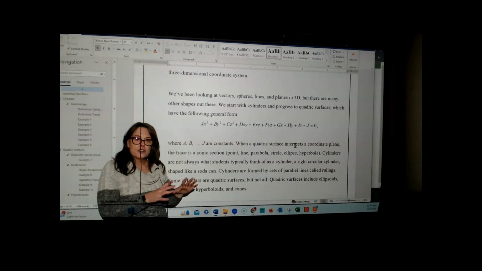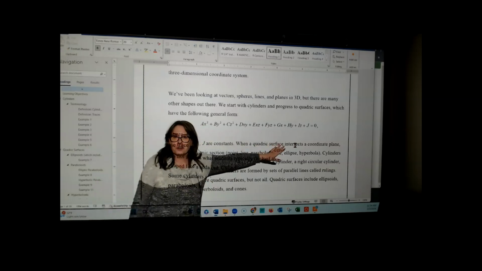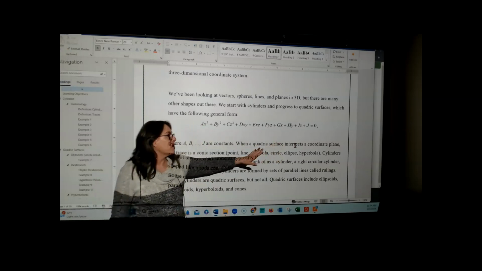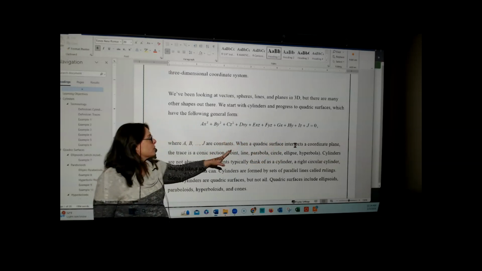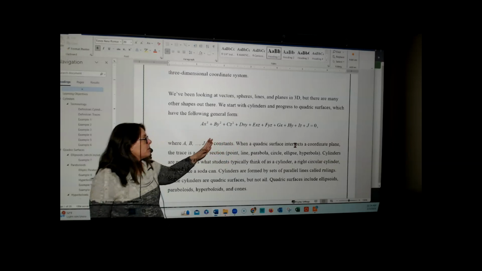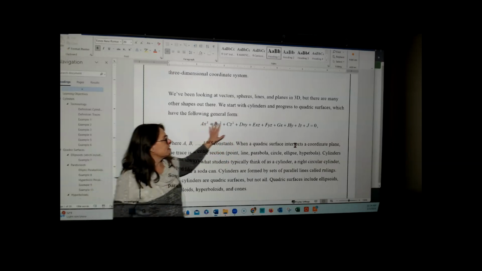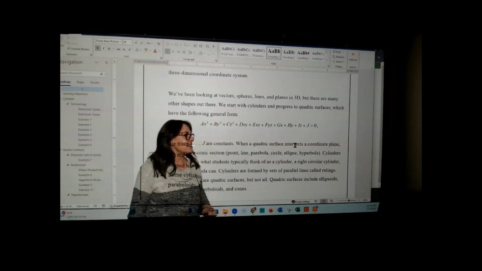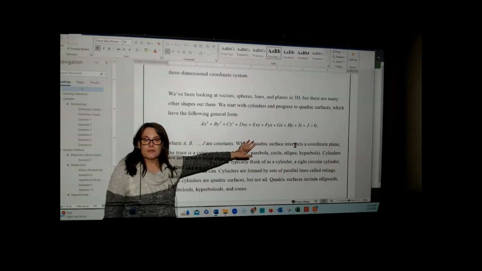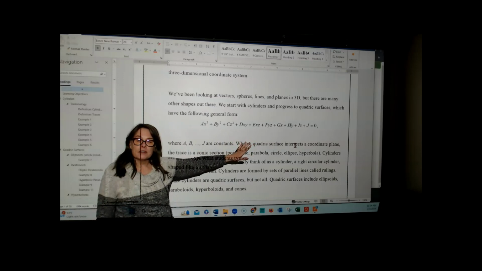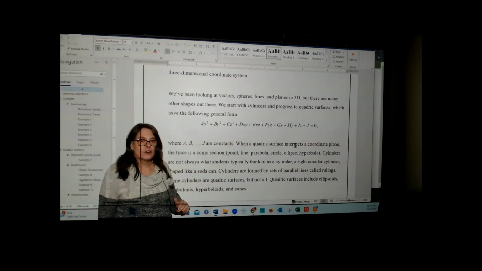Now, in quadric surfaces, not all of these terms have to be here. You'll be happy to know that the ones we're going to study have relatively few terms, generally around 3, maybe 4. So you're not going to see all of these terms present at any given time, but it can be written in this form. If it can be written in this form, it's what's called a quadric surface.